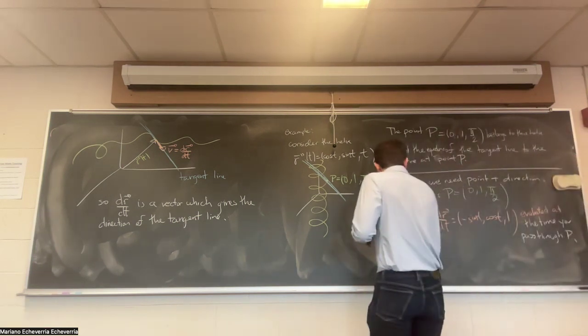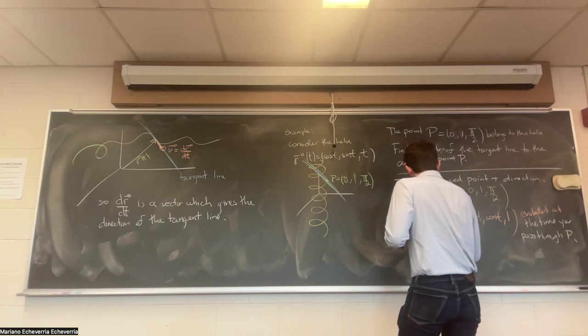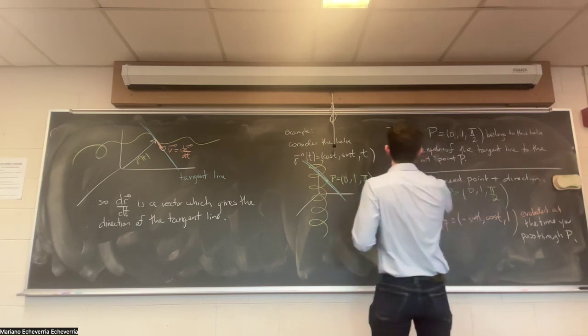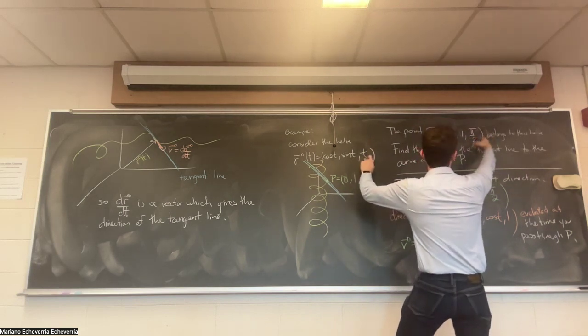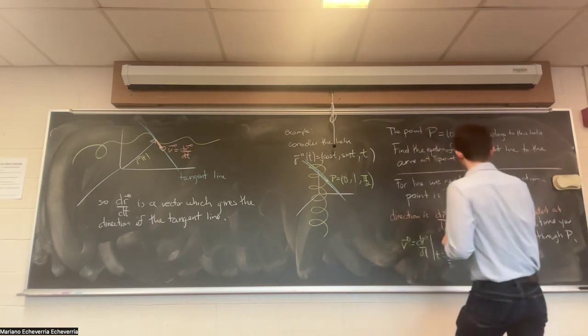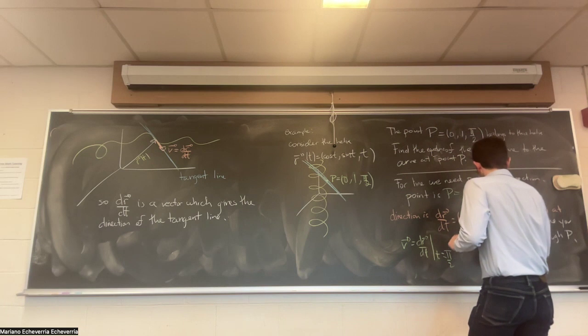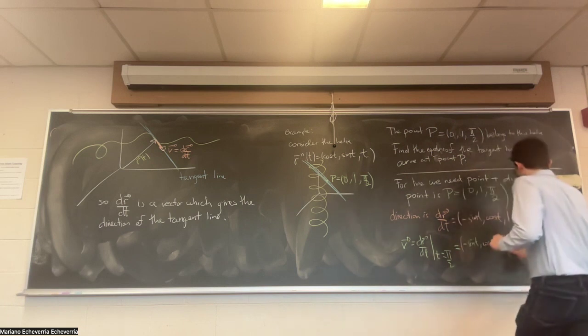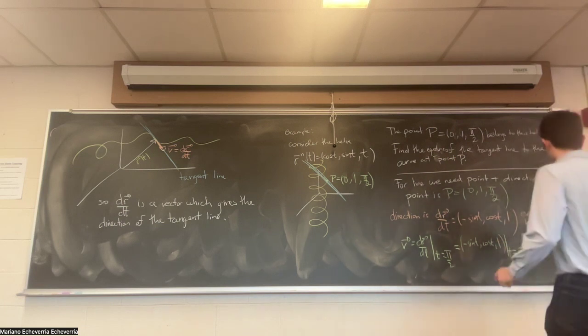So the velocity vector would be r'(t) at what time? At time pi over 2, because you see t is pi over 2 matches the third entry. So this is t equals pi over 2. When you evaluate this at pi over 2, you get negative 1, 0, 1.